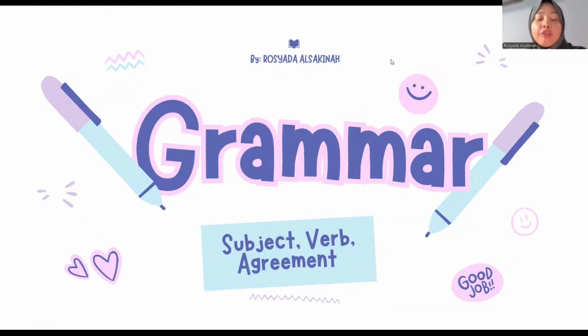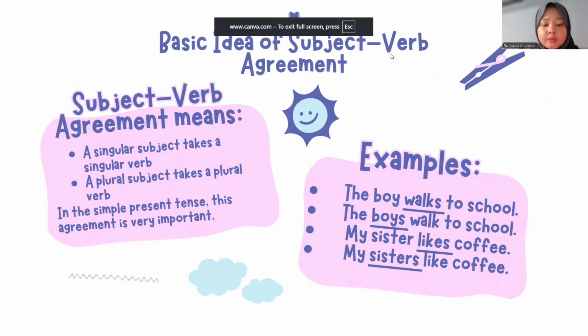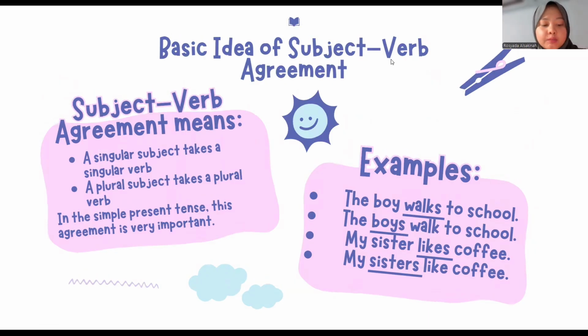Subject-verb agreement is important because it helps us to make a correct English sentence, especially in the present tense. Okay, let's start with the basic idea. Subject-verb agreement means the verb must match the subject.